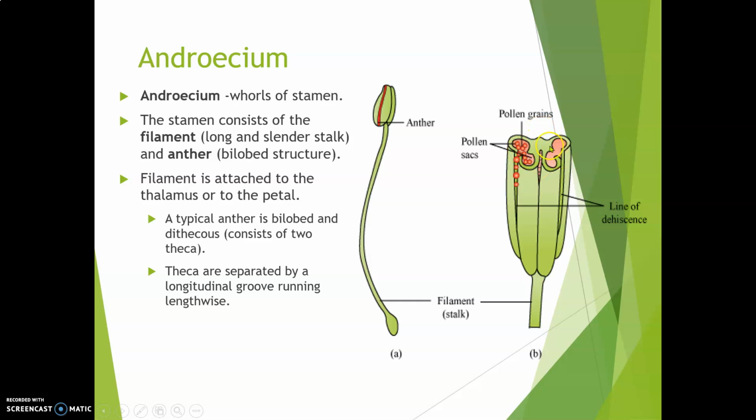These are called the theca. Because there are two theca, it is called dithecous. Each theca has a two-lobed structure, so there are four parts present in the anther, and each of them contains pollen sacs where the formation of pollen grains takes place.